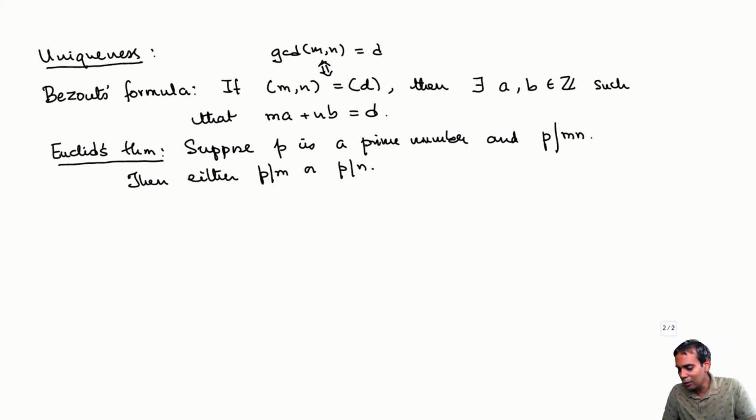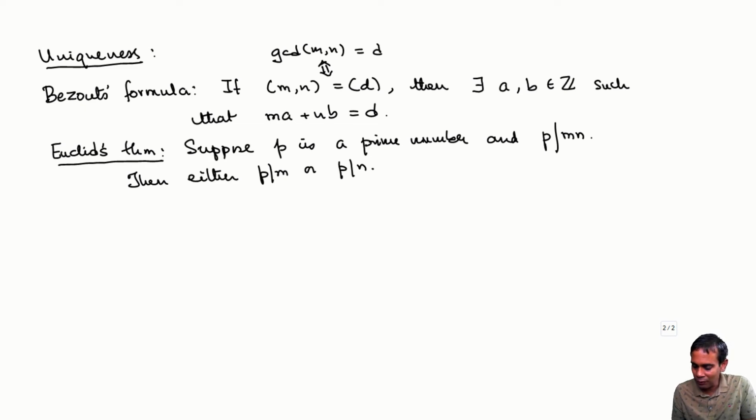Okay, you can easily think of an example where this would fail if p were not a prime number, right? So if for example you take p equals 6, then p divides 2 times 3, but p doesn't divide 2, and p doesn't divide 3.